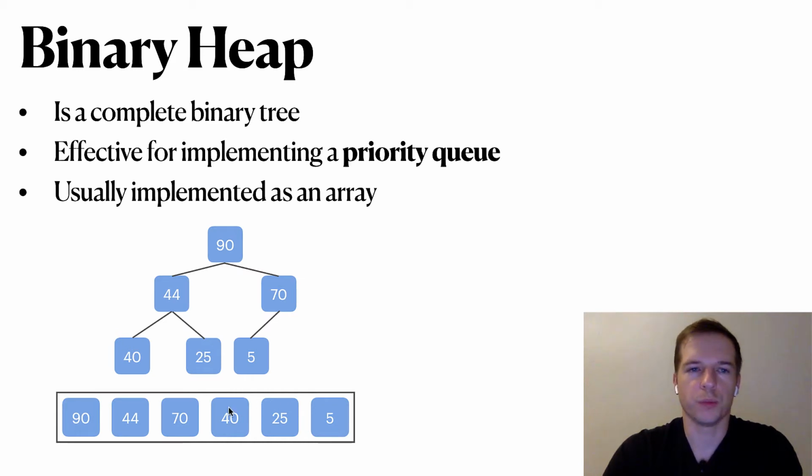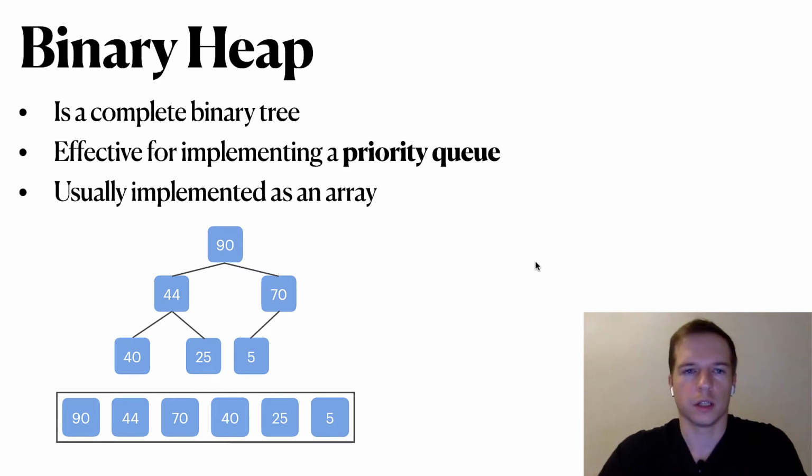In that case, it will be extremely inefficient. We'll have a huge array for 10 elements. We'll have 2 to the power of 10, so it's over 1000 elements in the array for almost nothing, for 10 elements. But for a complete binary tree, it's not a problem because everything is filled in, there are no gaps here.